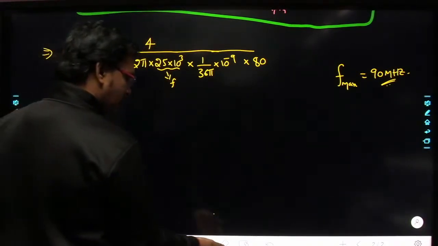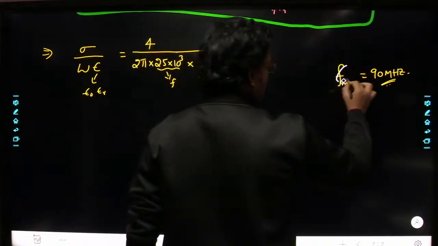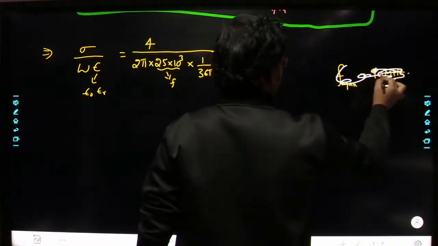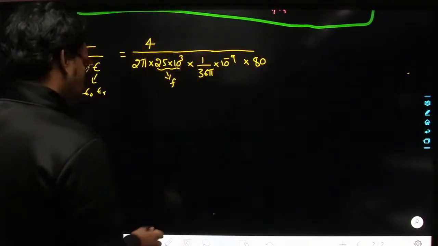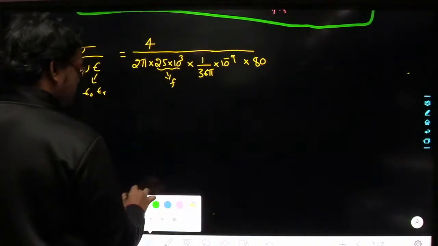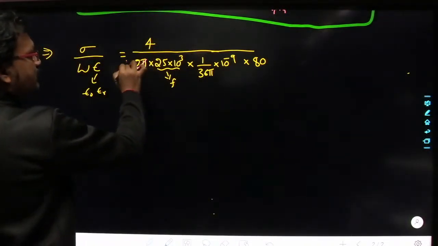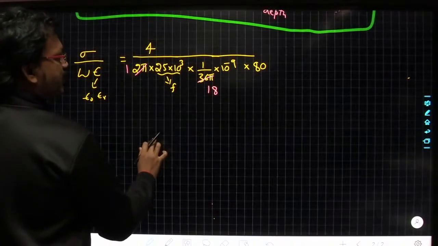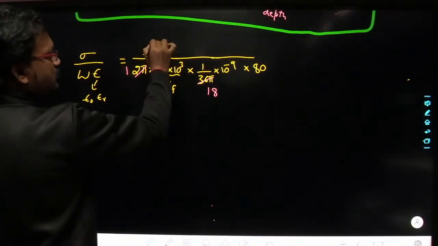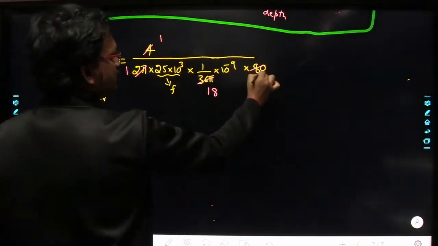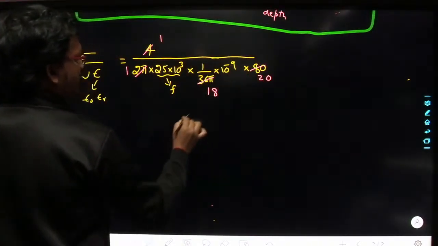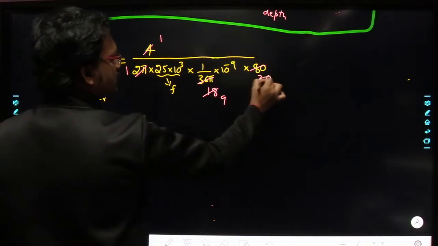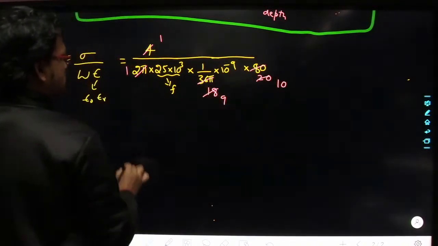Understood? Or else, if you are having any doubt, we can determine this value, no problem. It is very simple. Here 2 pi 1s and here 2 pi 18s, right? Next, here 4 1s and here 4 20s. And here 2 9s and here 2 10s. So what is left out here?